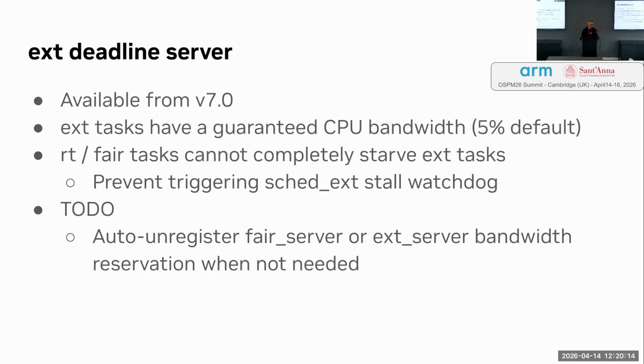I was just wondering what happens if, let's say you have everything in EXT right now, so you unregister fair, then for some reason the user adds scheduling tasks up to, let's say, 90%, and then there is no bandwidth anymore for fair. So you're saying if a user is running SCHED_DEADLINE, not even RT, deadline.